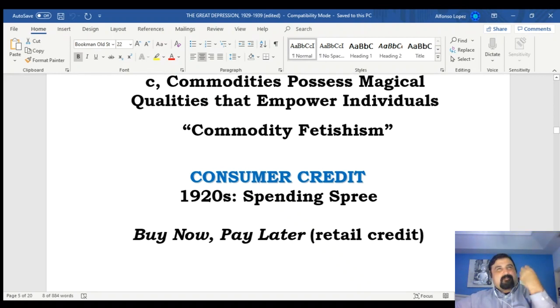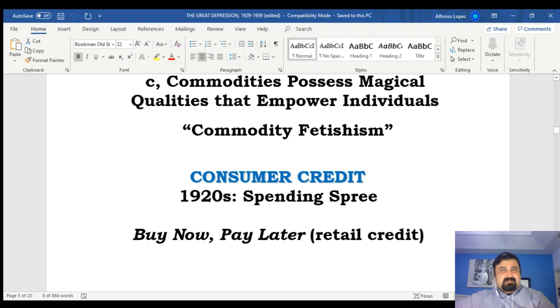In other words, there's a certain magic to certain products, that they're going to be tapping into that magical force. So therefore, they're going to acquire the magical qualities, the powers of the object, and it is going to change their personality, is going to empower them, make them better, more skillful, and the like.